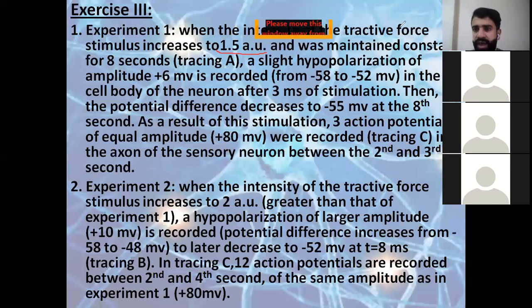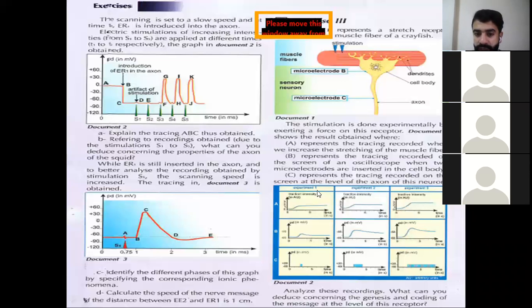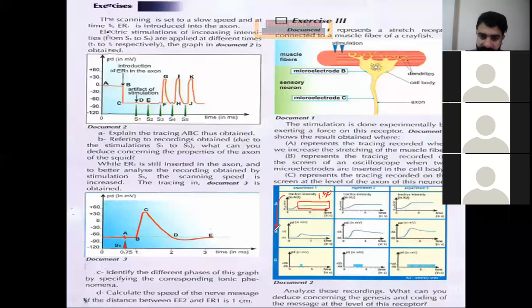Let's see here, in tracing A, it was constant at 1.5 AU. Here I don't work horizontally, I work vertically. So I have to continue with the B and the C.